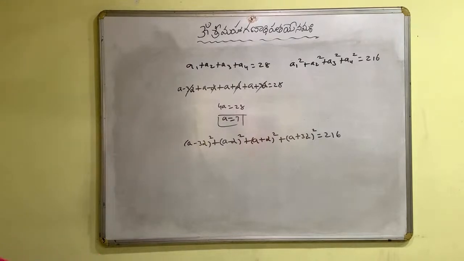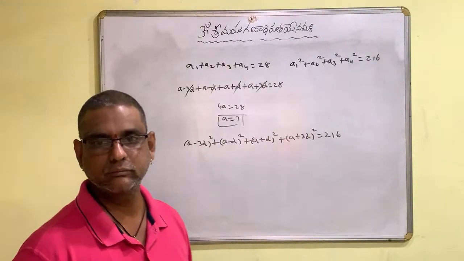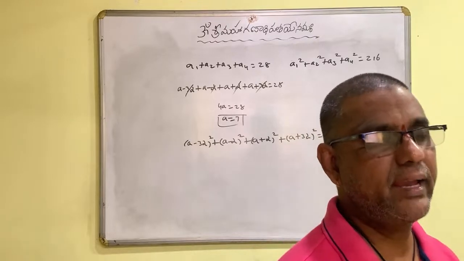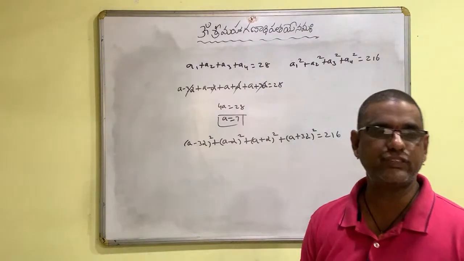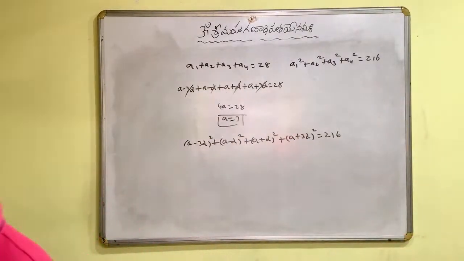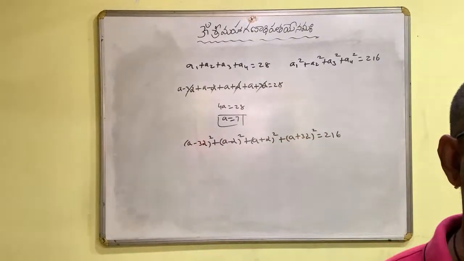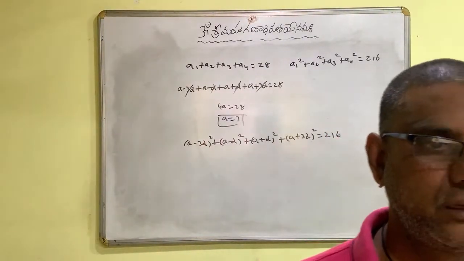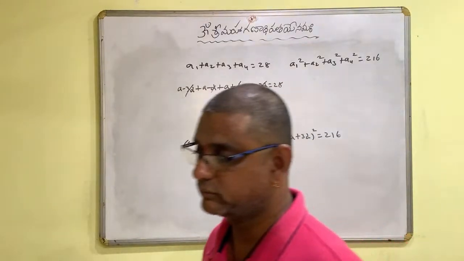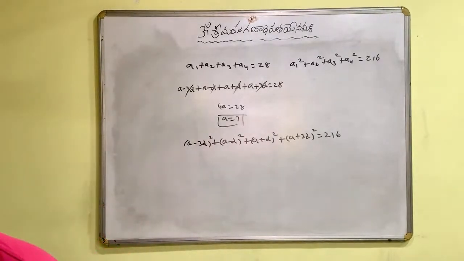Can anyone say how to simplify this equation in an easy manner? By using identities. Okay. What else? Taking squares common. Means you want to put whole square, tell me.